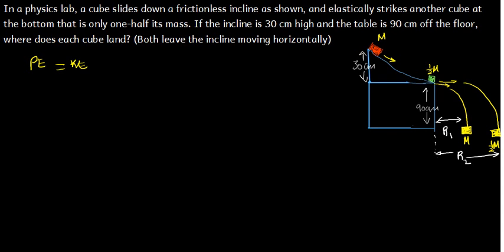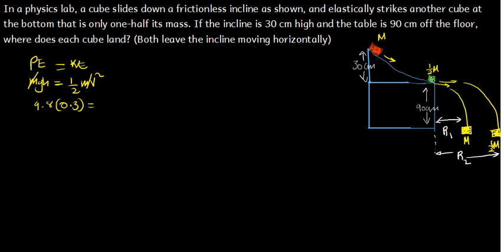The potential energy is mass times gravity times height. Kinetic energy is half mass times velocity squared. You can see the masses cancelling out, and g we know is 9.8. The height of the incline is 30 centimeters, and we can convert that to meters by dividing by 100, which gives us 0.3.